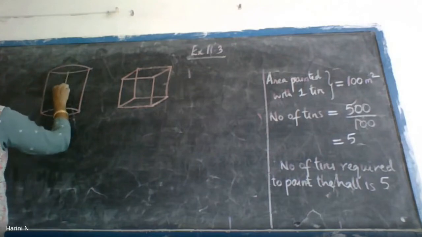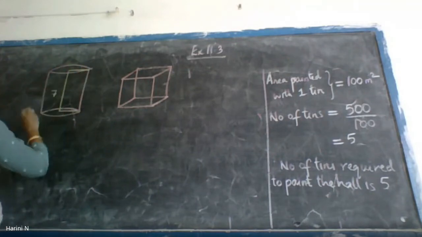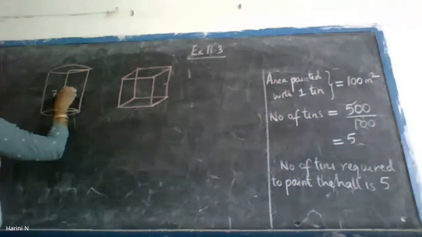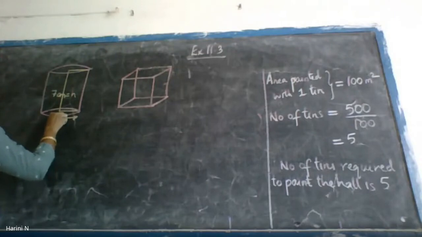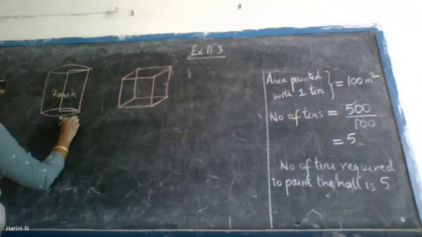So here the height is given as 7 centimeter. This is the height, and the radius is not given, the diameter is given. So radius is 7 by 2.